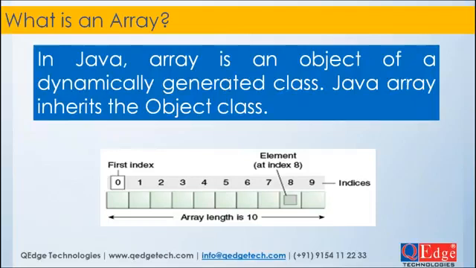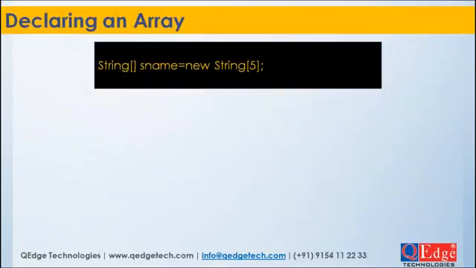While defining an array, every array you are creating is an object. Any kind of array, the definition will be like this. String or int or boolean or char, data type, square brackets indicate it is an array. We have single dimensional array. You can also go with multi-dimensional array.